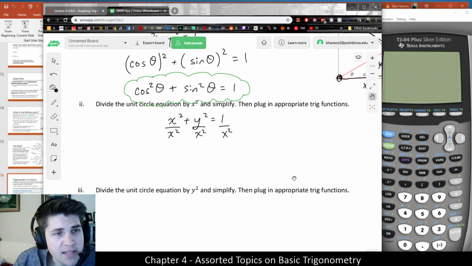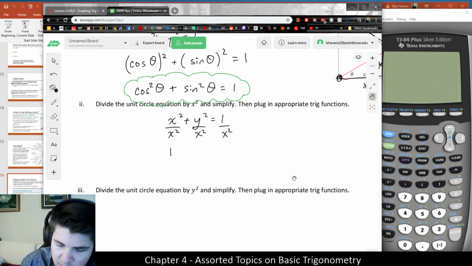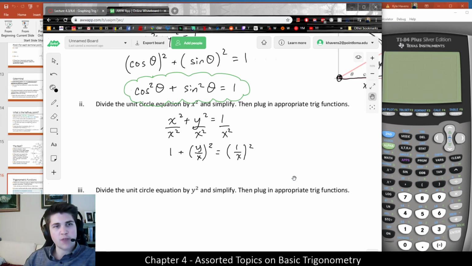Then x squared over x squared becomes 1, because anything divided by itself is 1. I would get y over x squared, which I could also rewrite as y over x, quantity squared. On the right-hand side, 1 over x squared, I could write as 1 over x, quantity squared as well, by rule of fractions, because 1 squared is 1.